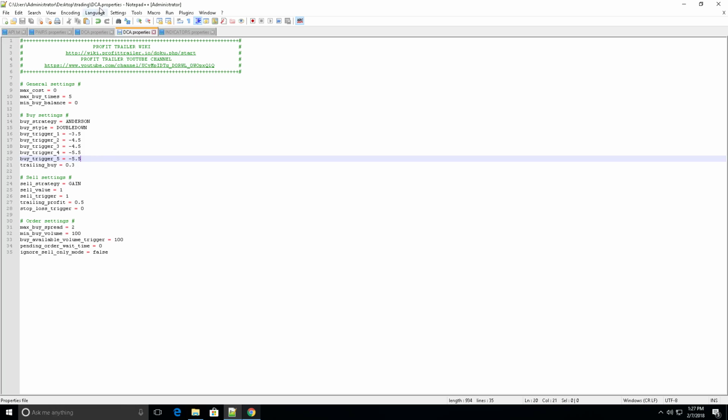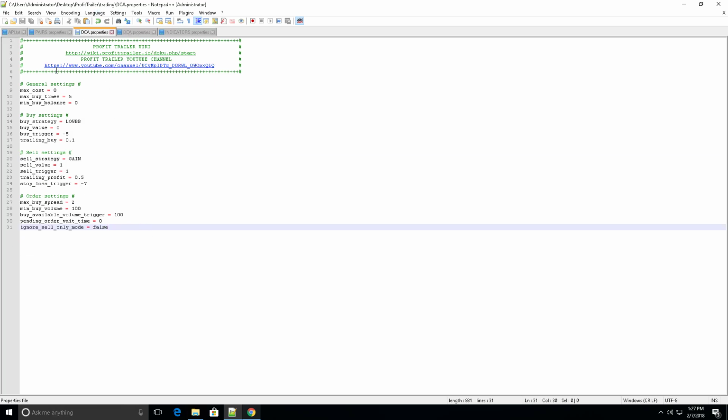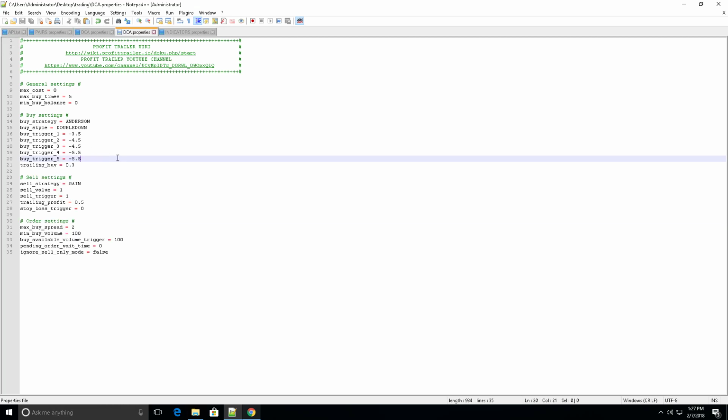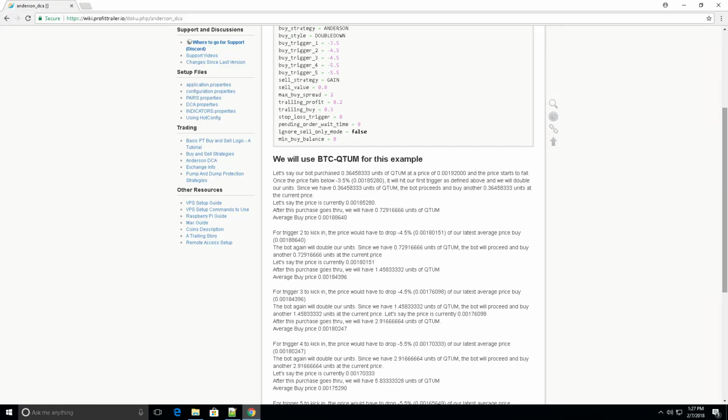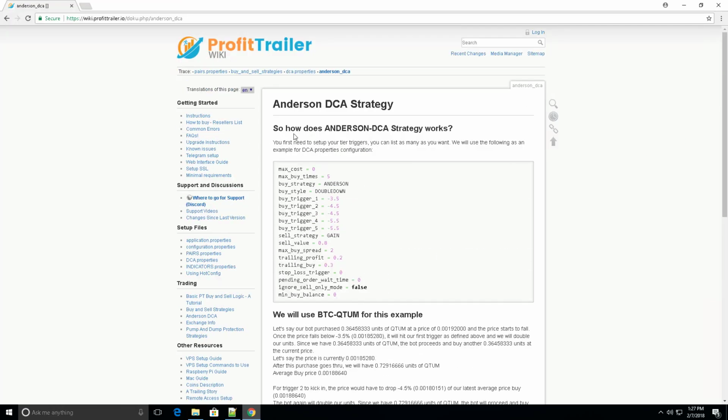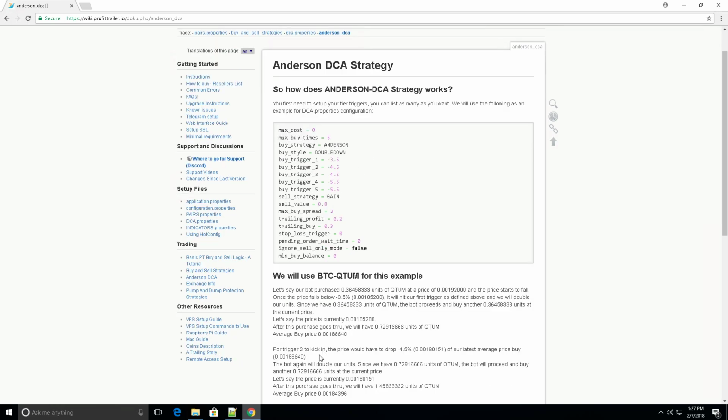All right, so that is about everything that you need to know in the DCA properties file. Let's talk about the Anderson strategies. This is how the Anderson strategies look. We have a wiki page that talks about these Anderson strategies in detail, so you can have a read at it.